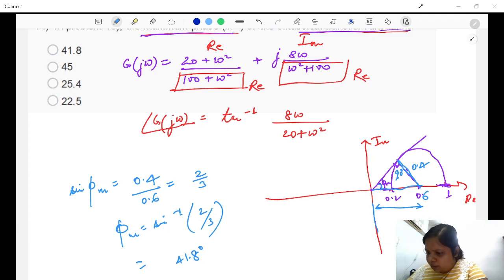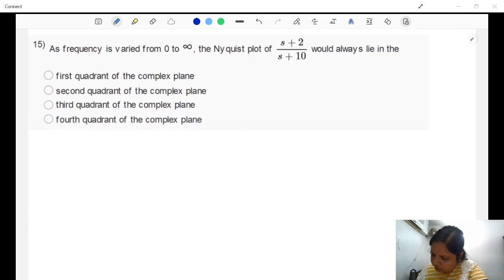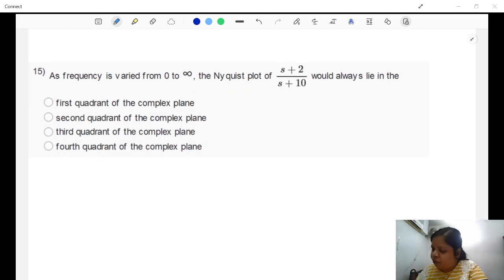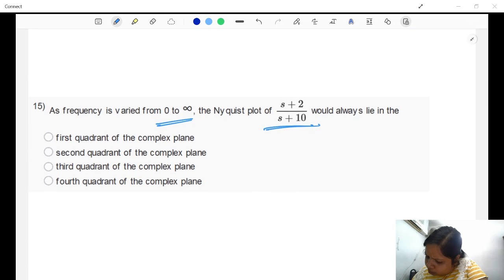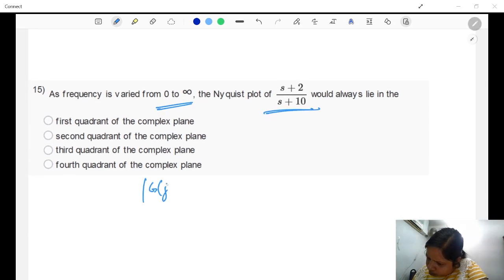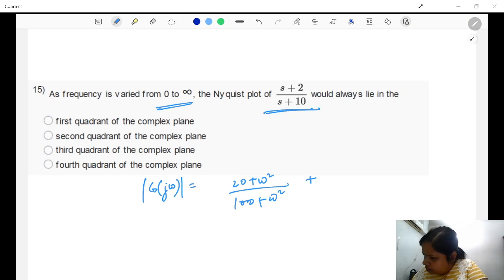Okay, just one more question. That is a very easy question. As frequency is varied from 0 to infinity, the Nyquist plot would always lie in which quadrant? So we already saw the, okay, I'll write it. G(j omega) is (20 plus omega squared) over (100 plus omega squared) plus j 8 omega upon 100 plus omega squared.